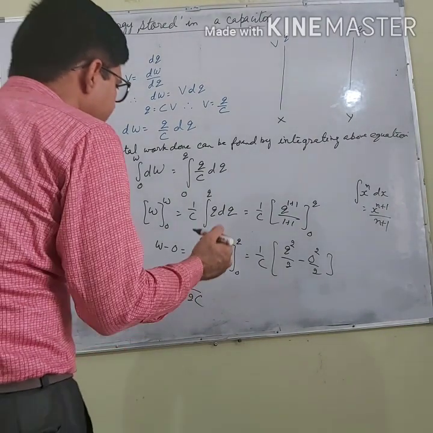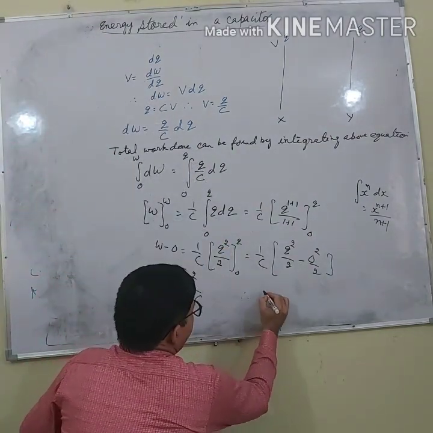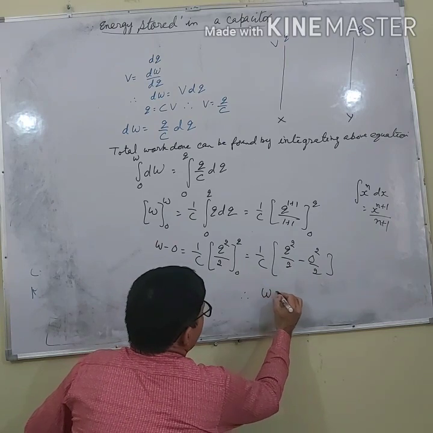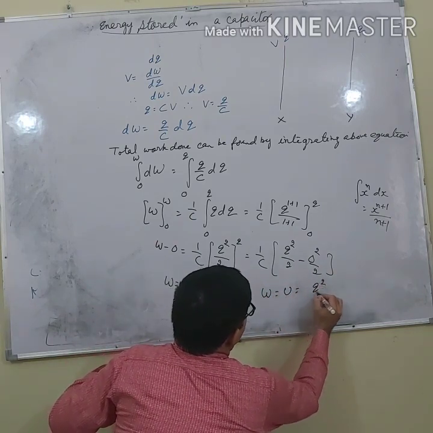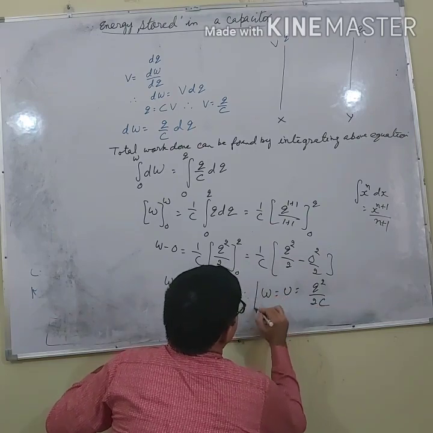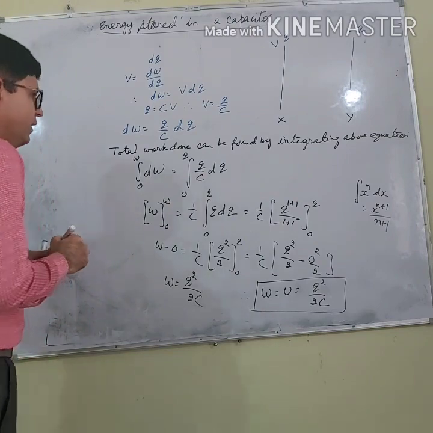Now this work done is stored in the form of potential energy. So I can say that the work done is stored in the form of potential energy, and it is equal to Q square by 2C. So this is the expression of the potential energy.